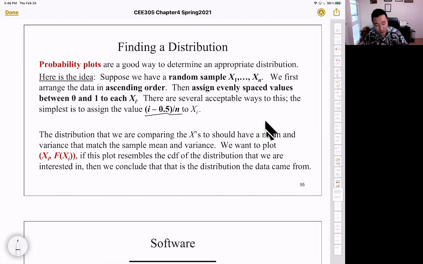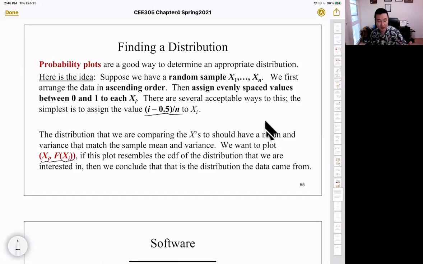The distribution that we are comparing to should have a mean and variance that match the sample mean and variance. So what we need to do is plot xi against F(xi), where F is the function, for example a normal distribution.